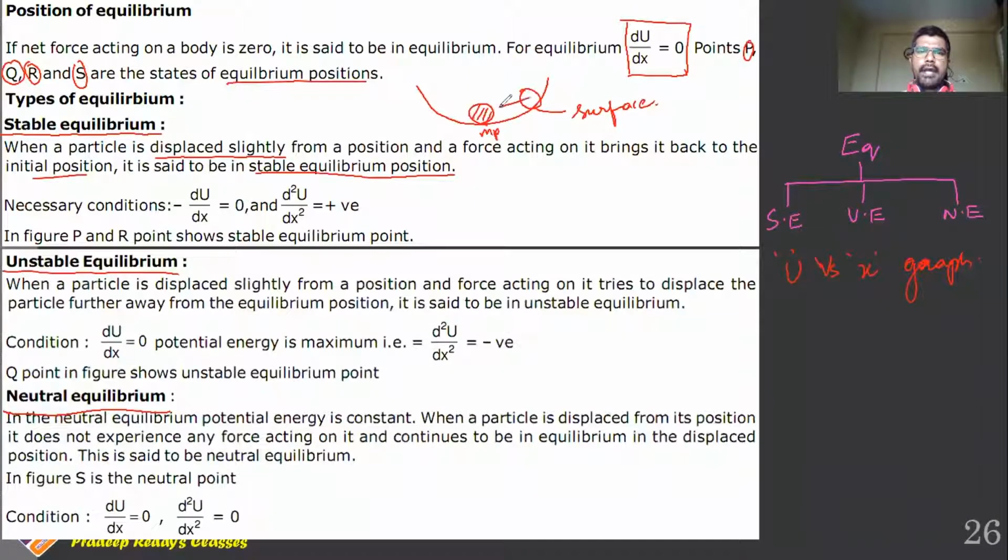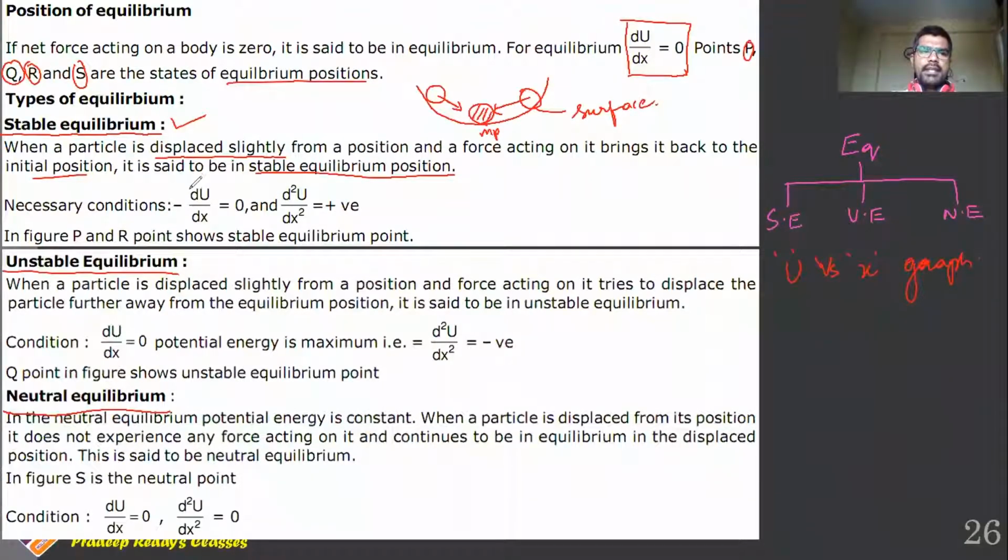Definitely it tends to come back to its own position. If you displace it here, then also it tends to come back to the equilibrium position. Such a situation is said to be stable equilibrium, where if you displace an object in any direction, it tends to come back to its own position by the application of a restoring force.